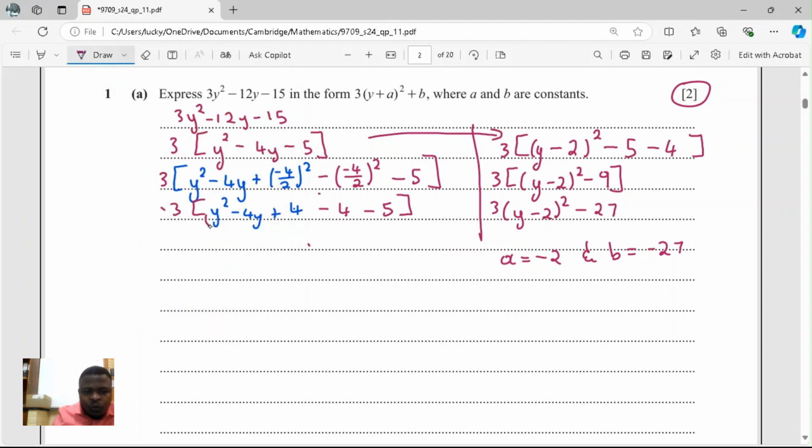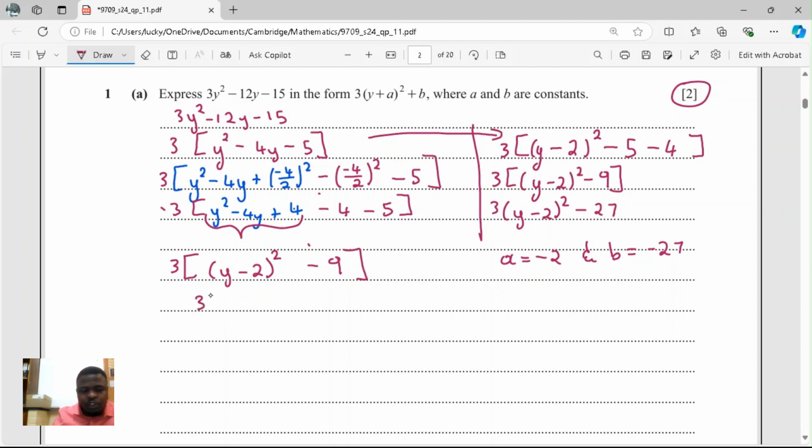What will happen is when you look at this, this is now a perfect square trinomial. So you have your 3, and it is a perfect square trinomial of y minus 2 squared. Then this will be your minus 9. If you check y minus 2 squared, it gives you y squared minus 4y plus 4.